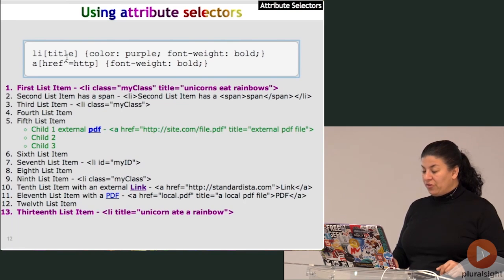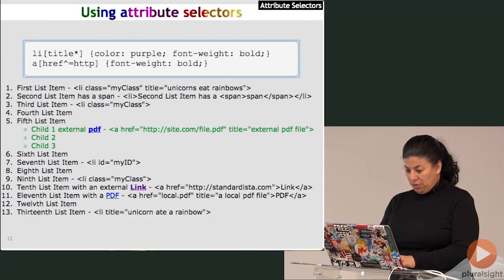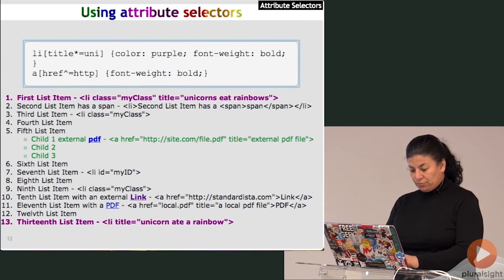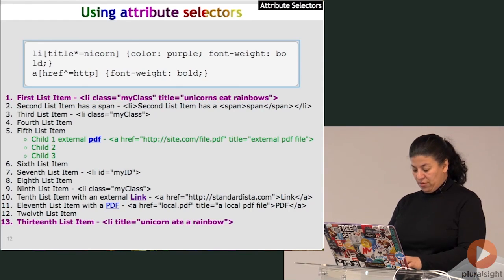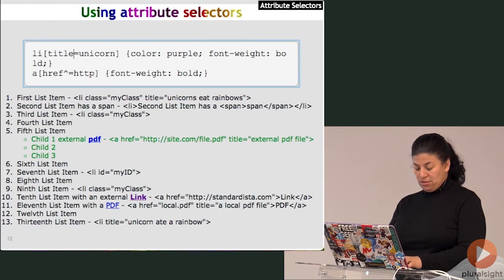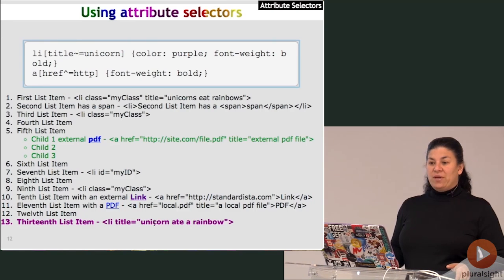I could do title star equals unicorn. Both of these have the word unicorn. If I were to make this a tilde, it would only match the bottom one because it has to be a full space separated word.